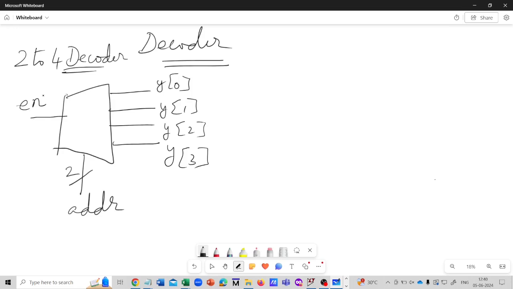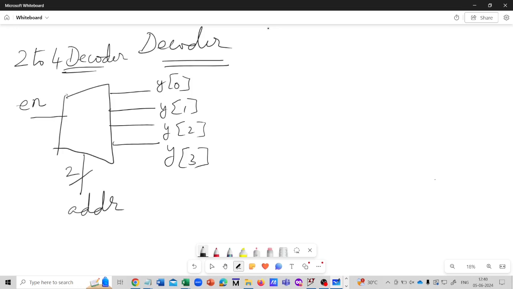Now you might be wondering why the enable is needed. The function of the enable is to prevent the decoder from responding to the address when it is deasserted. That means when the enable is 0 or when it is deasserted, whatever be the address, the decoder will not respond. So that is the function of the enable input.